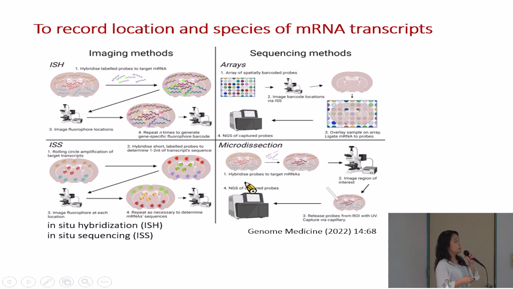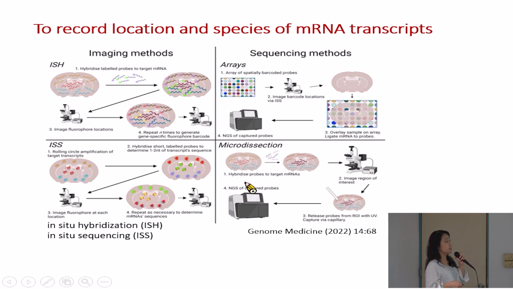And the second way to detect the location and the messenger RNA transcript is using the sequencing method, which contains the array method and the microdissection method. The array method is that you use an array of spatial barcode probes, then image the barcodes' location by in situ hybridization sequencing. Then we can overlay samples on the array, ligate messenger RNA to the probe, then use NGS to capture the probe.